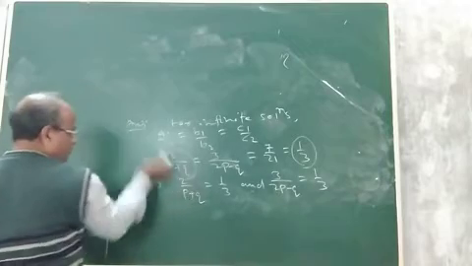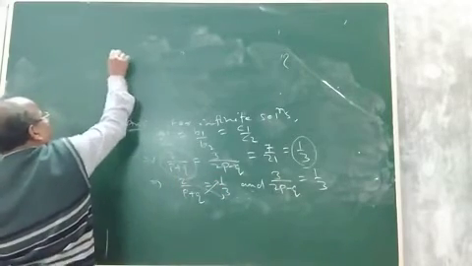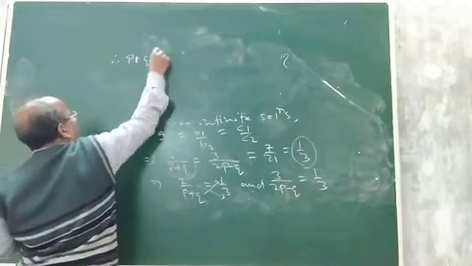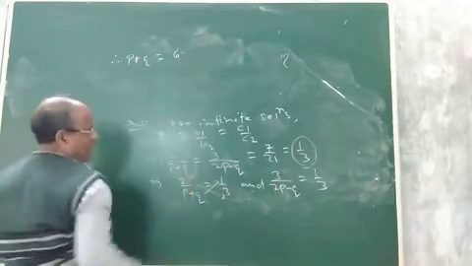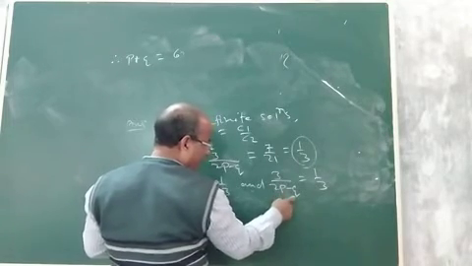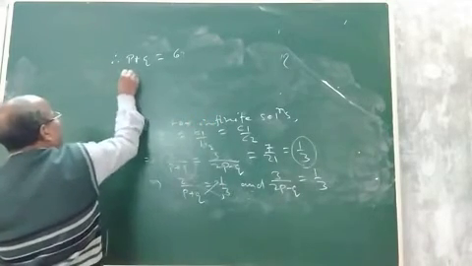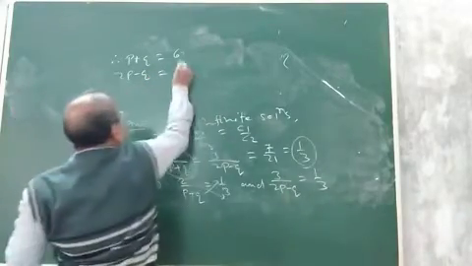By cross multiplication, p plus q equals 1 into 3 into 2, it is 6. And 2p minus q into 1, it will be 2p minus q equal to 9.